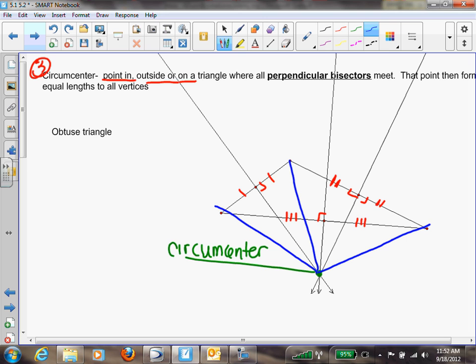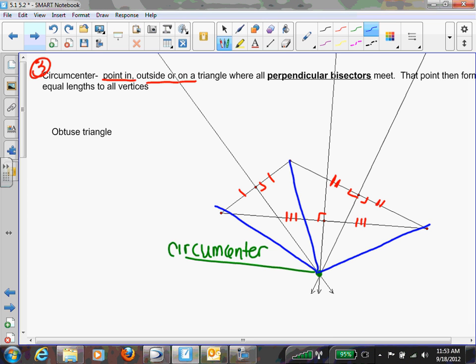We find that point, and we draw from that point to all the vertices of the triangle, and those lengths are the same. Okay? Athena. So in other words, this side is divided equally, but it's not necessarily equal to any of the other portions. Okay? Did you follow that?